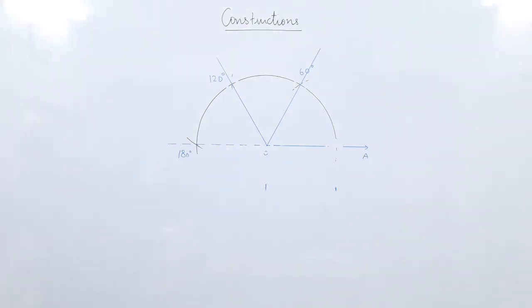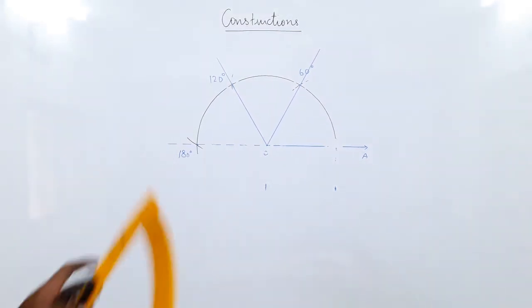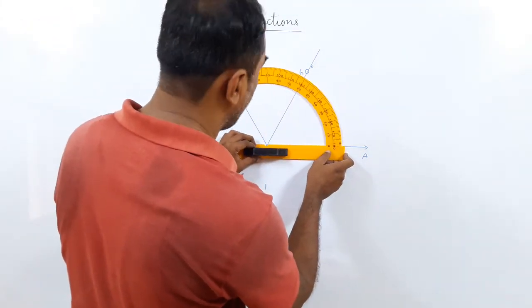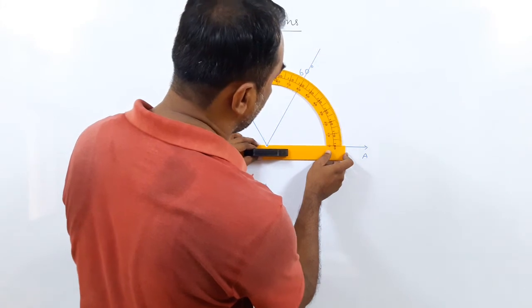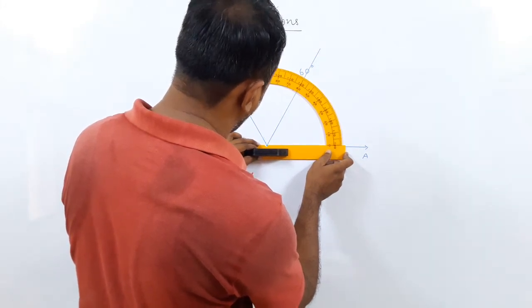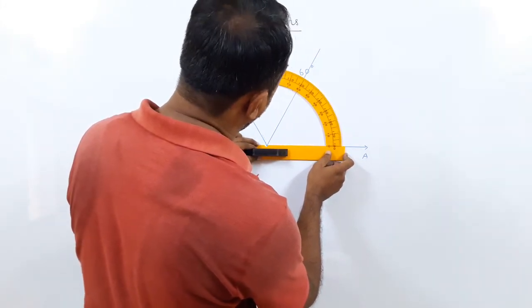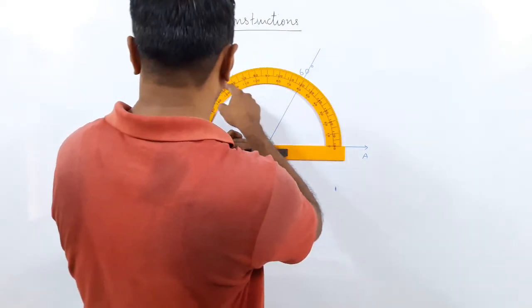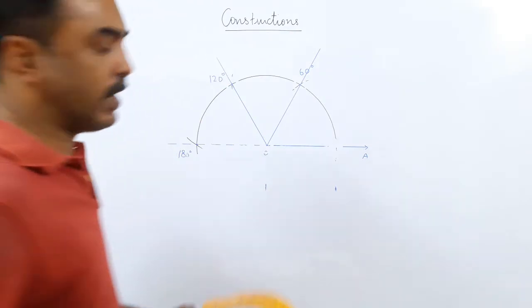Okay, so now we can check it out and see. Remember, these tools are not very easy to use. You have to get used to using these tools. So we have almost got nearer at 60 degree, 120 degree, 180 degree. So this is more accurate.